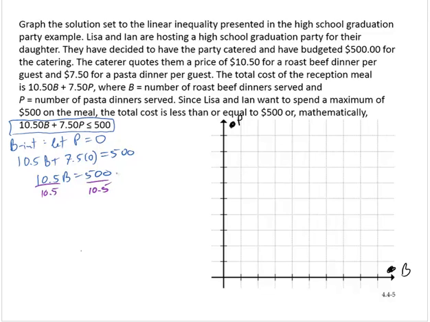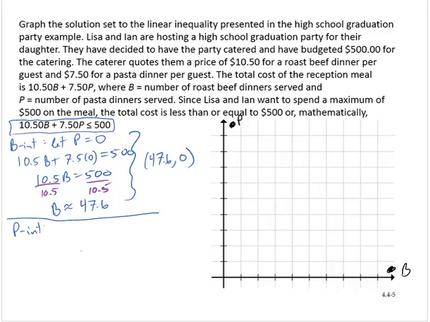I'm using a calculator for this. It gives me about 47.6 approximately. So B is approximately 47.6. So then as an ordered pair, we would have 47.6, comma 0 as the b-intercept.